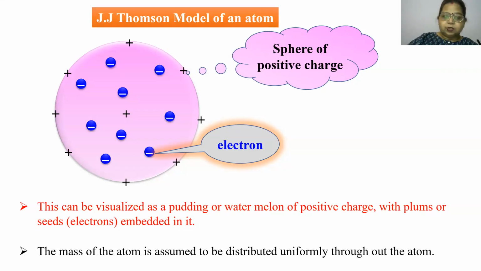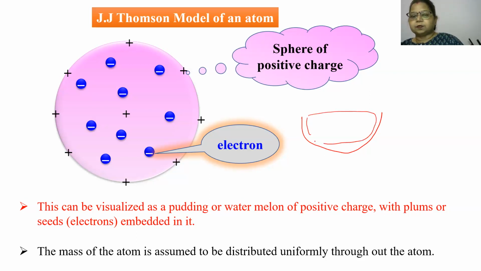We can imagine it like this: this is the watermelon, which has all the red colored part inside it, and these are the seeds. These seeds are nothing but electrons. And the entire red content is a positively charged sphere, right?